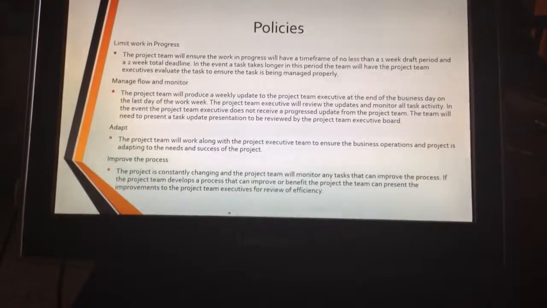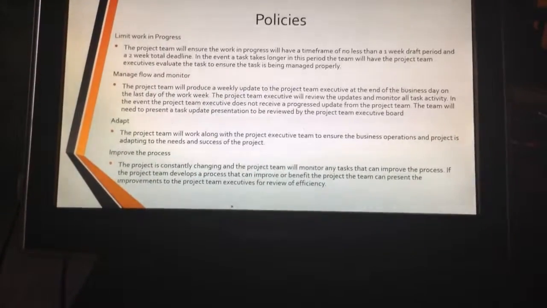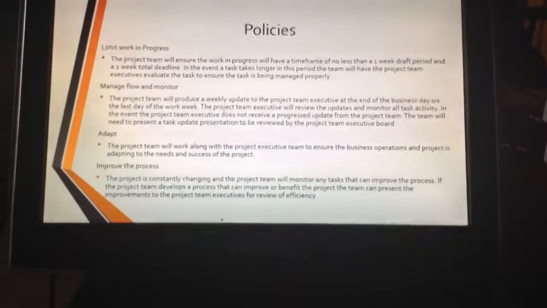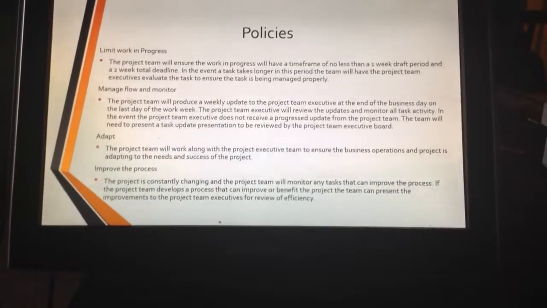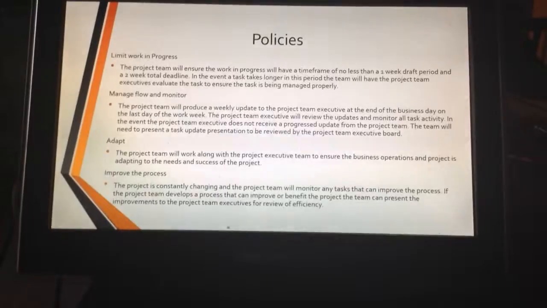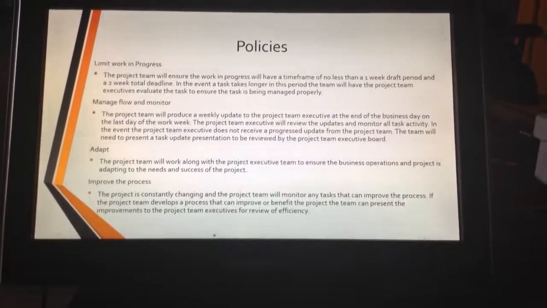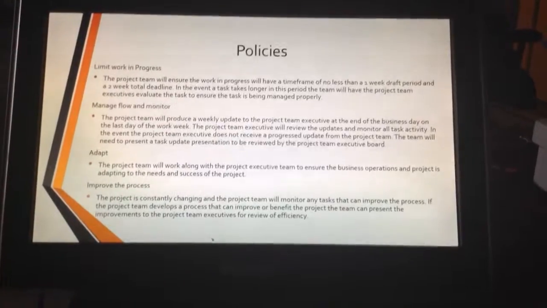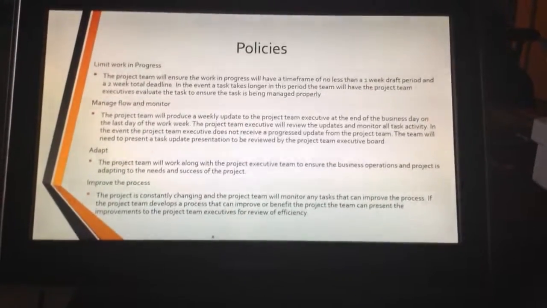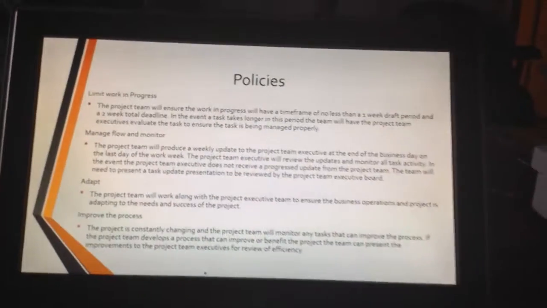Then at that point, they can present that idea to the executive team to see why we wouldn't need to take that extra precautionary measure to make sure that everything is correct with that strategy. But if it is approved, then the project team could go ahead and make sure that it is submitted successfully to the project team executives so that they can review and then maybe have something like that validated at a quicker pace. Just to give you some examples.